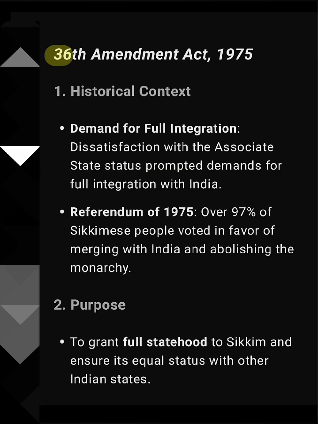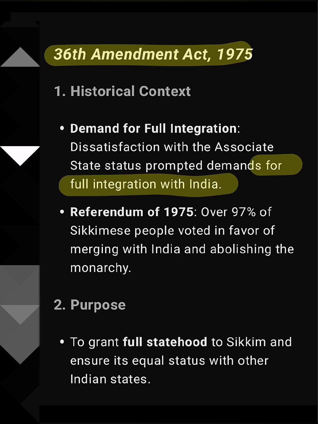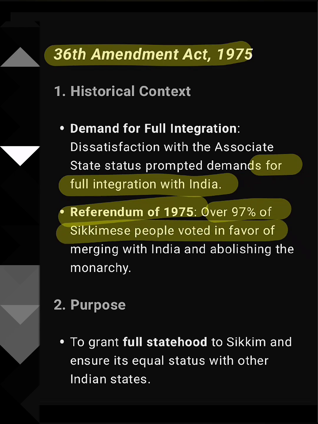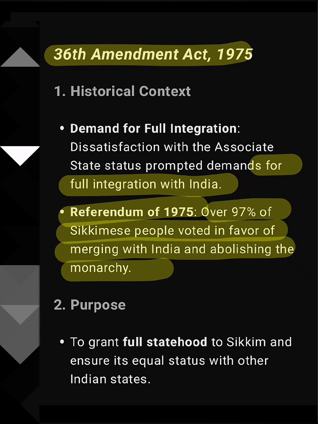Now let's talk about the 36th Amendment Act of 1975. So this amendment was brought in for full integration of Sikkim with Indian Union. There was this referendum conducted in Sikkim in 1975 where over 97% of Sikkimese people voted in favor of merging with India and abolition of monarchy.